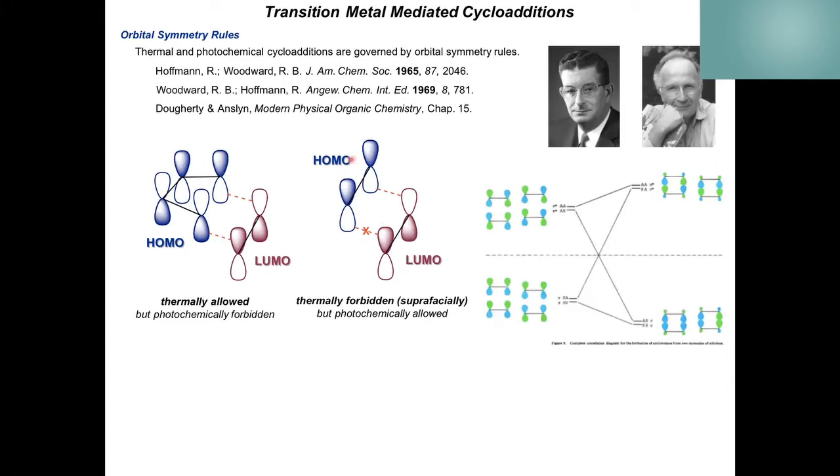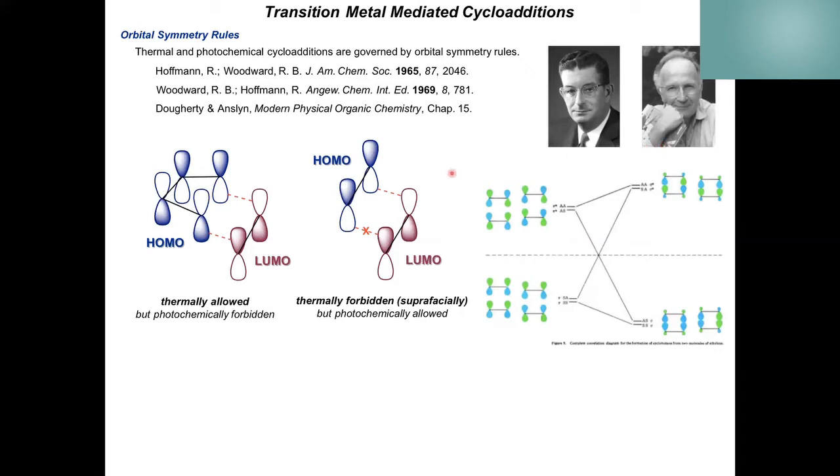I think many of us may have learned in other classes how orbital symmetry can be used to rationalize thermally allowed versus thermally forbidden, and photochemically forbidden and photochemically allowed cycloadditions. This is really beautiful, elegant work coming from Woodward and Hoffmann. This is where the Woodward-Hoffmann rules come from, and really exciting principles come out of there.